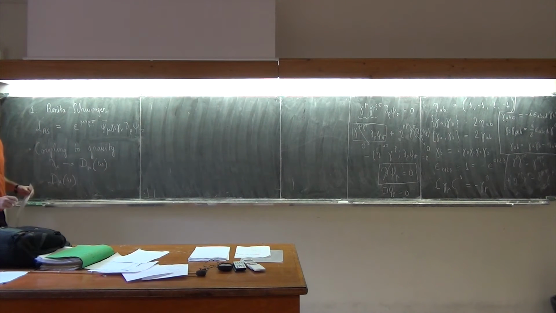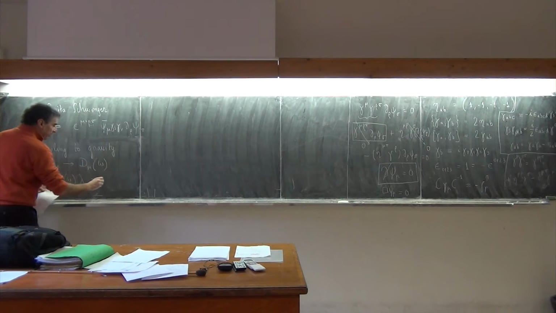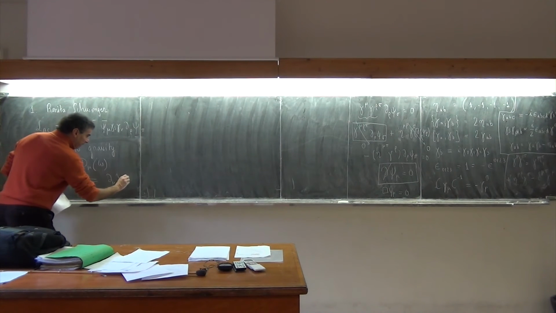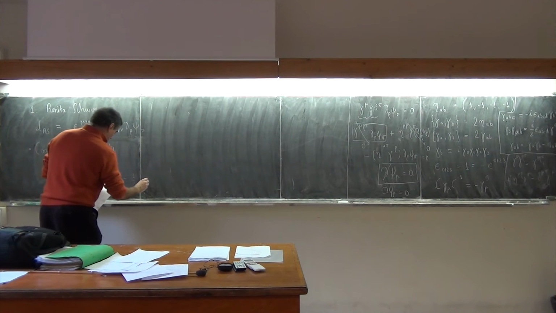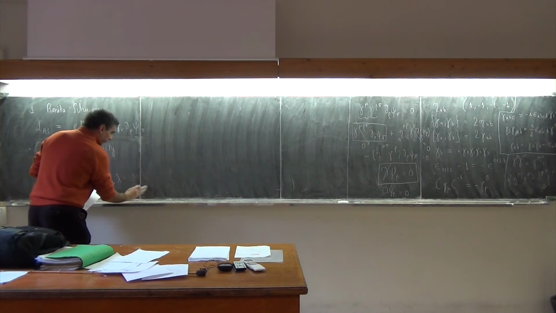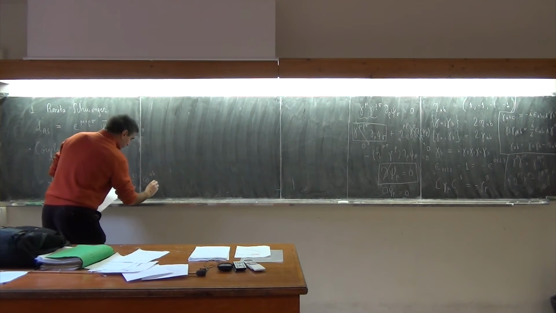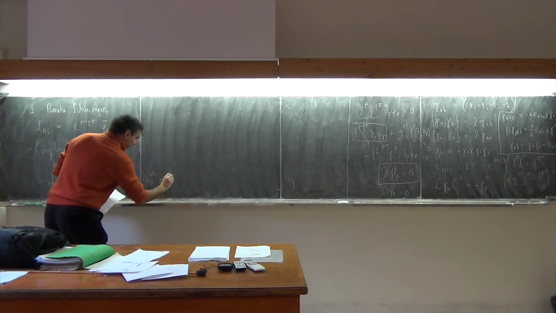The covariant derivative of any spinor, lambda, is equal to the usual derivative of the spinor lambda minus 1/4 omega AB mu gamma AB lambda.